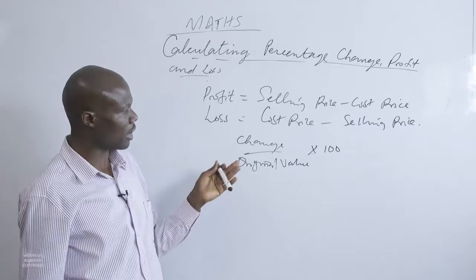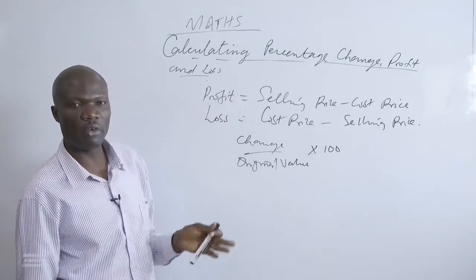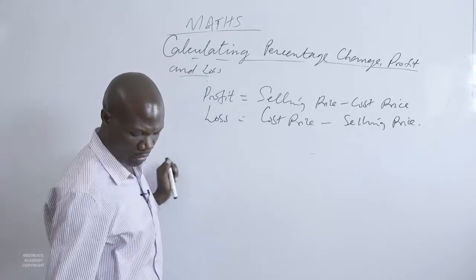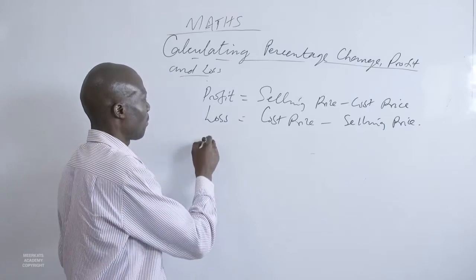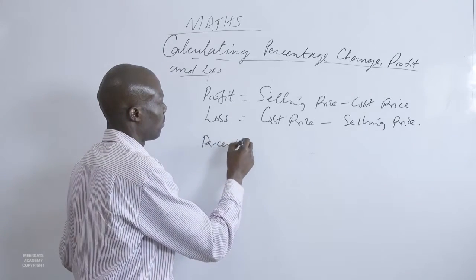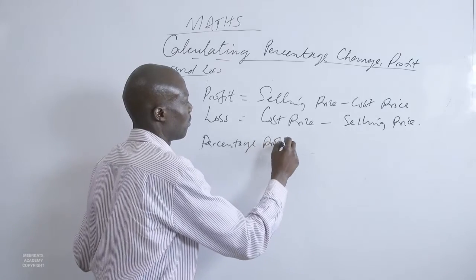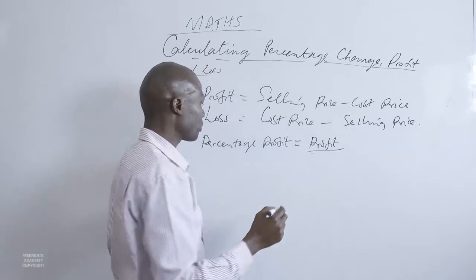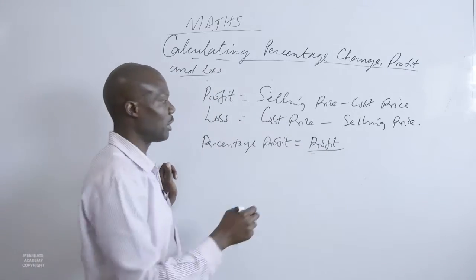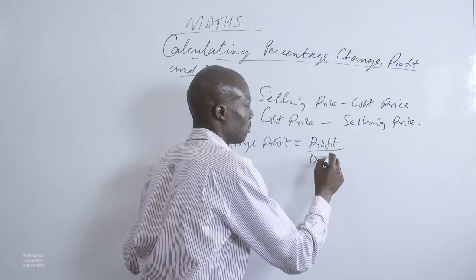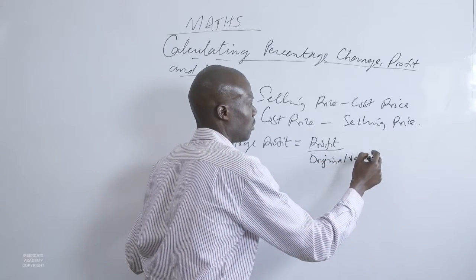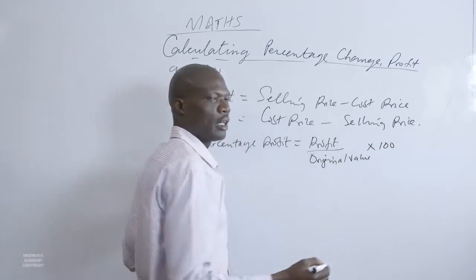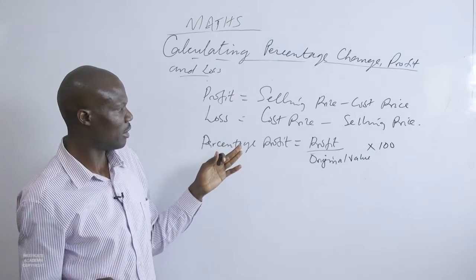If we are to calculate straight on what it refers to, for example, if we are looking for the profit, then we can simply say percentage profit is equal to profit over the original value multiplied by 100. That is the percentage profit.